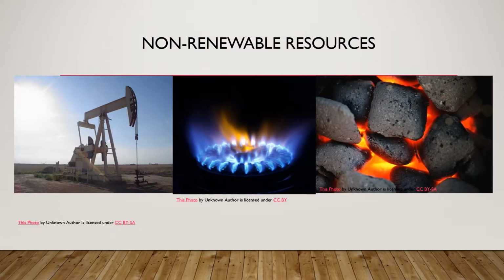Now let's talk about non-renewable resources. These are the most relied on right now, but in the future, we're really going to have to shift gears and revert to some other type of energy, maybe the solar or wind, tidal energy, because these are just going to be too costly to be consumed. Oil, natural gas, and coal.